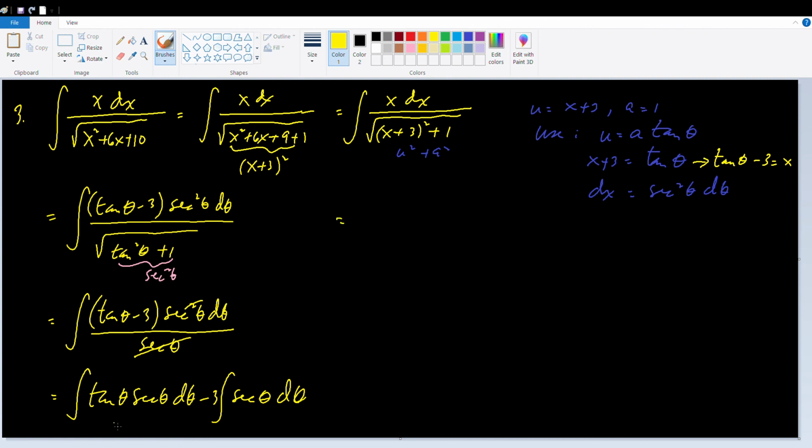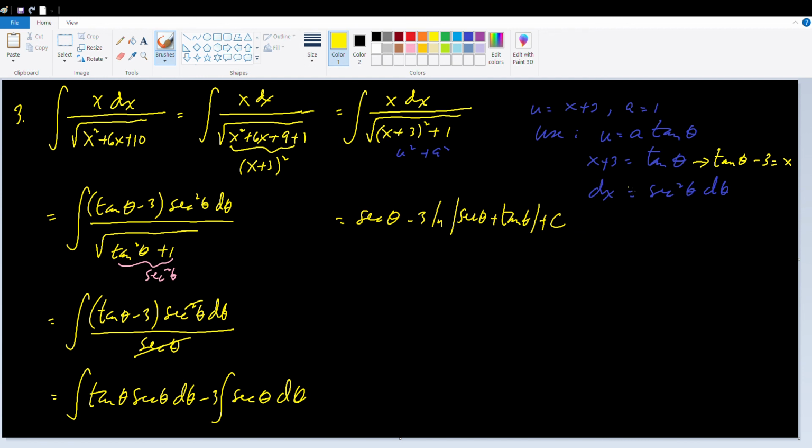We know the integral of tangent theta secant theta is secant theta, minus 3. The integral of secant theta is ln of the absolute value of secant theta plus tangent theta plus c.